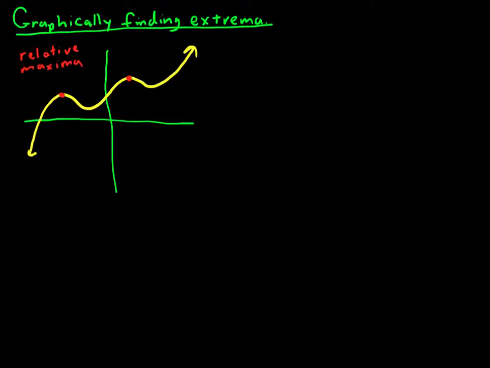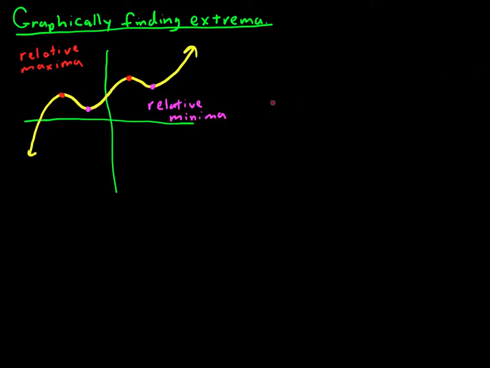And in this case, I also have two relative minima. And I have no absolute maxima or minima because I have points higher over here and lower over here than my maxima and minima respectively.